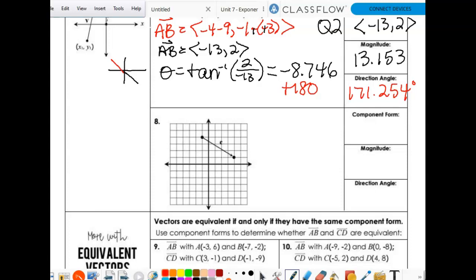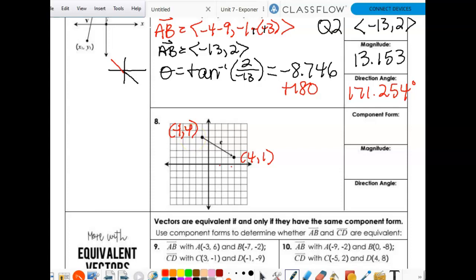So now, if it's on a graph, do you think it gets harder? No. What is this point right here? 1, 2, 3. Is that 4, 1? And this point is negative 1, 4. So now can we find the component form?